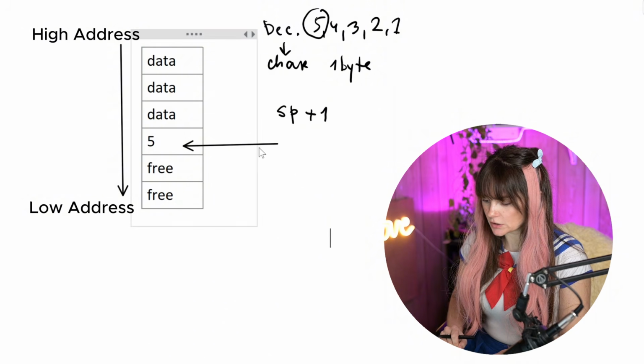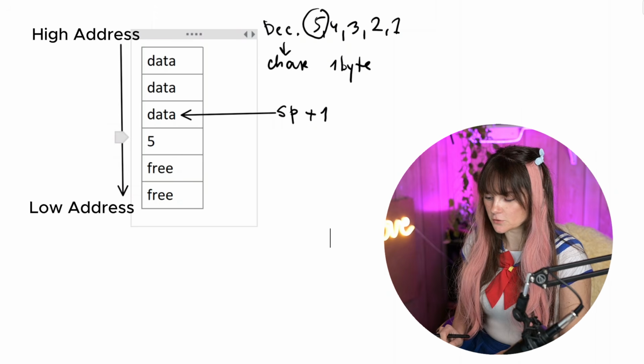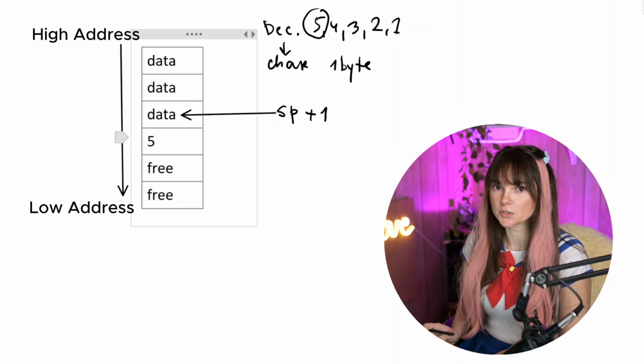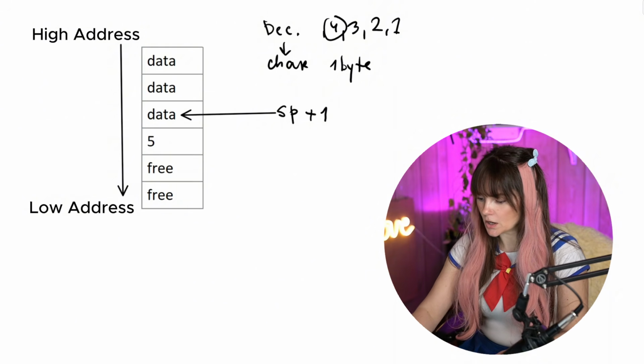So now it's pointing right here. Actually, we still have our value 5 on the stack, but we don't really care, because on the next iteration, when we are working with 4, we're just going to override it here. So now that we understand the concept, let's go ahead and try to implement it in our RISC-V.